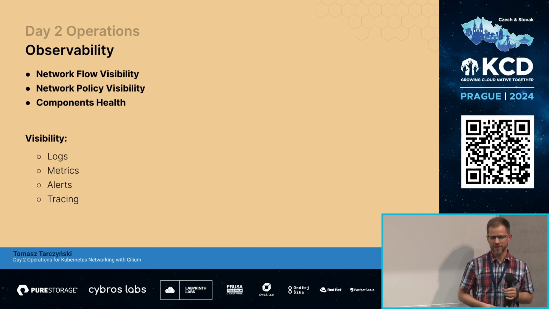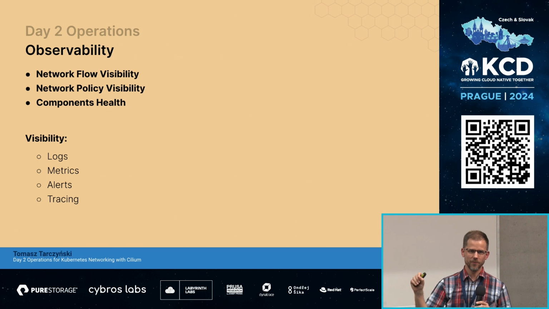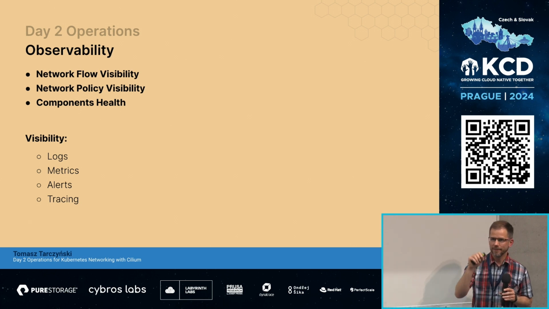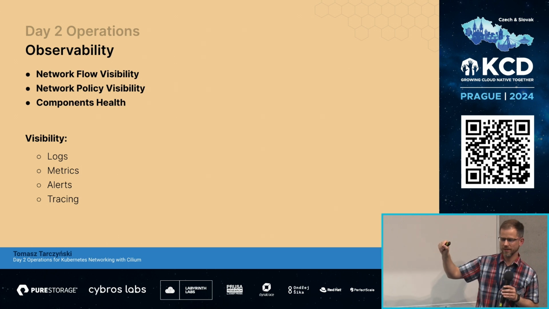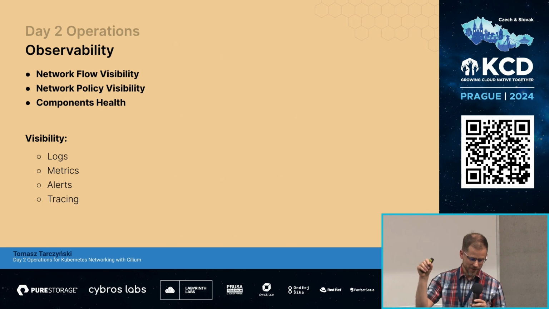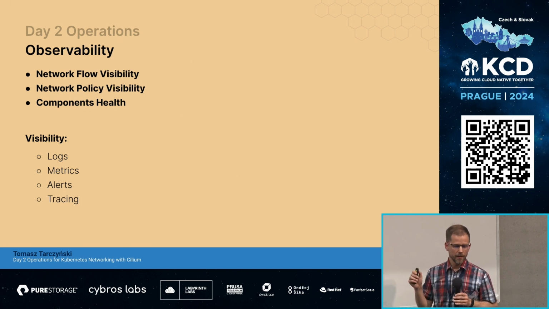The typical questions here are, how can you observe your network flows? I mean, not only seeing a graph of how many requests have hit the application, but actually being able to see each individual request going through the network and follow it.